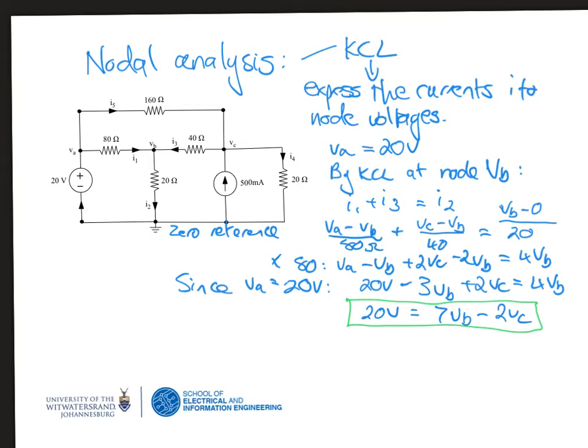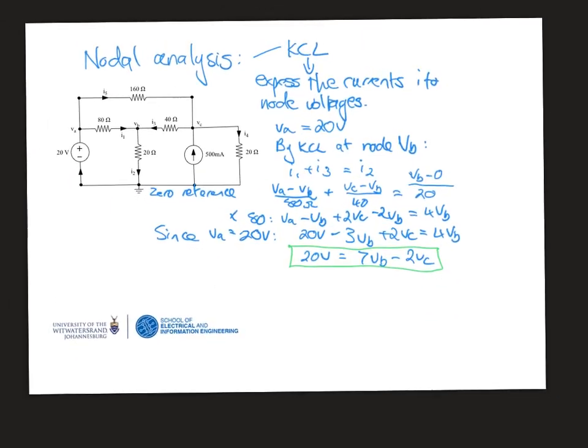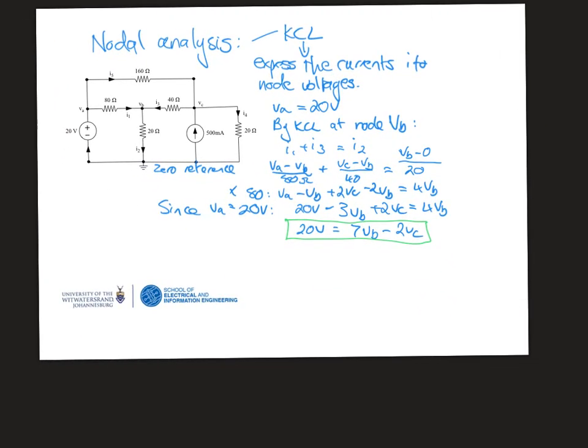Now we're going to do the same at node VC. At VC, by Kirchhoff's current law, we see that we have 500 milliamps flowing into node VC. We've got I5 flowing into VC, and then we've got I3 and I4 flowing out of VC.